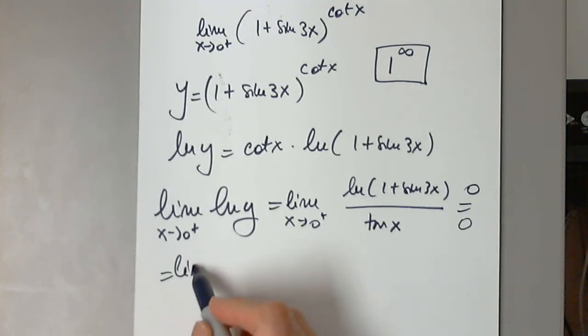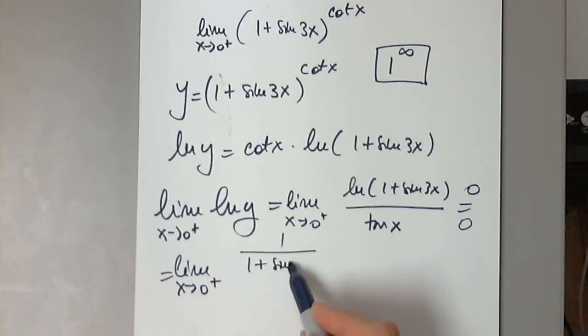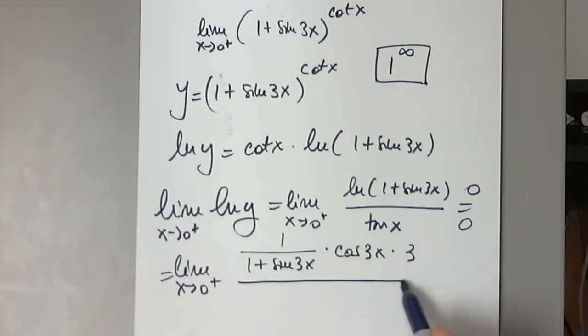And then you will differentiate: 1 over 1 plus sine 3x, times cosine 3x, times 3, over secant squared x. And now when we apply 0, this is 0, this is 1, this is 1. So the answer is 3.